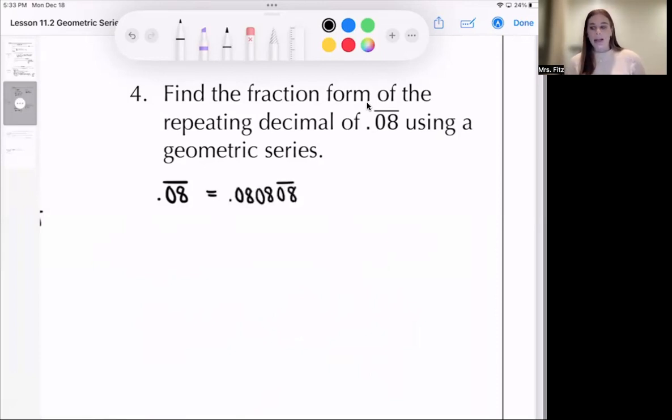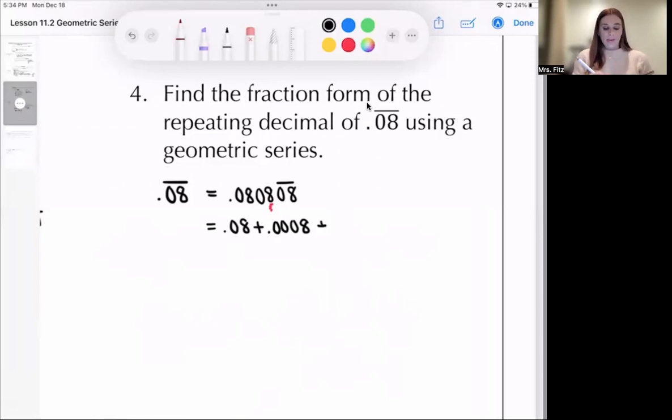It keeps going. So if I write this out using a sum, it would be 0.08 plus, now be careful here, 0.0008, because notice the next time an 8 appears again, we have 3 decimal places in front of it, right?